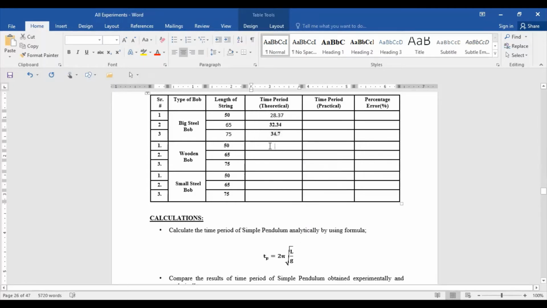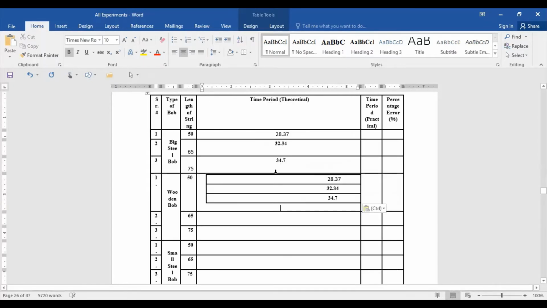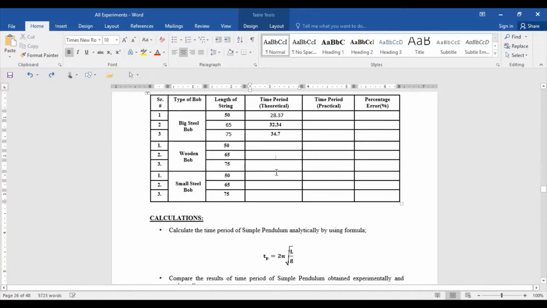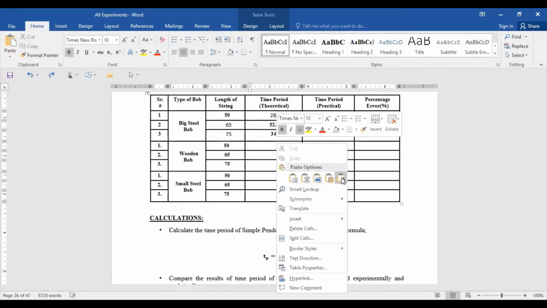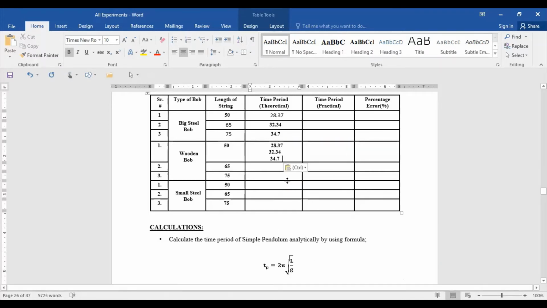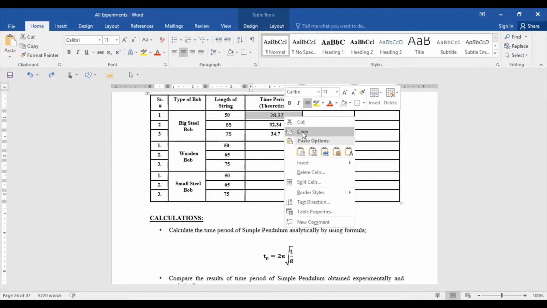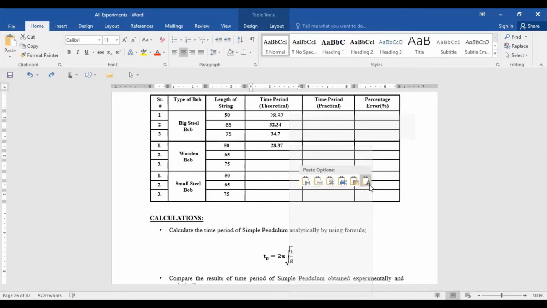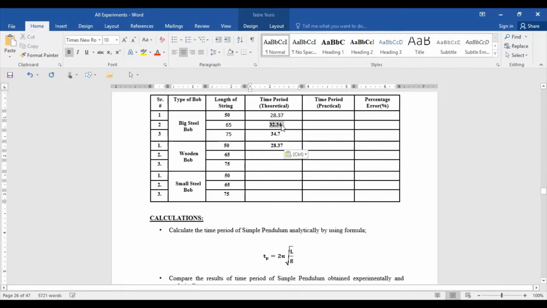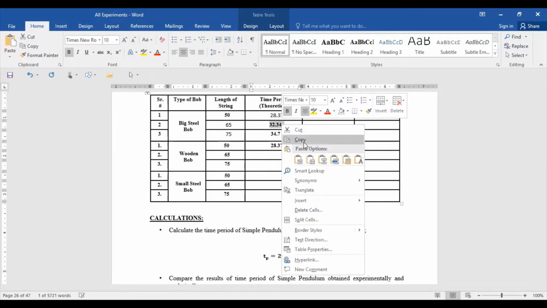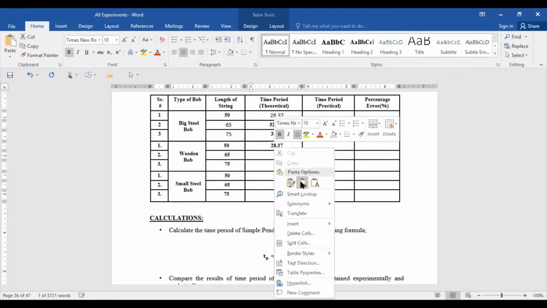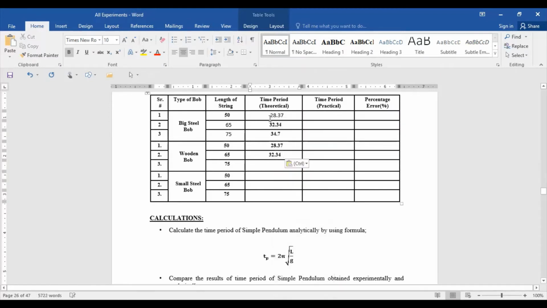Let me copy it here, paste it. No, it's not Control Z. It is not taking it properly. So let me copy it one by one. Copy, paste it. Why is it taking it like this?